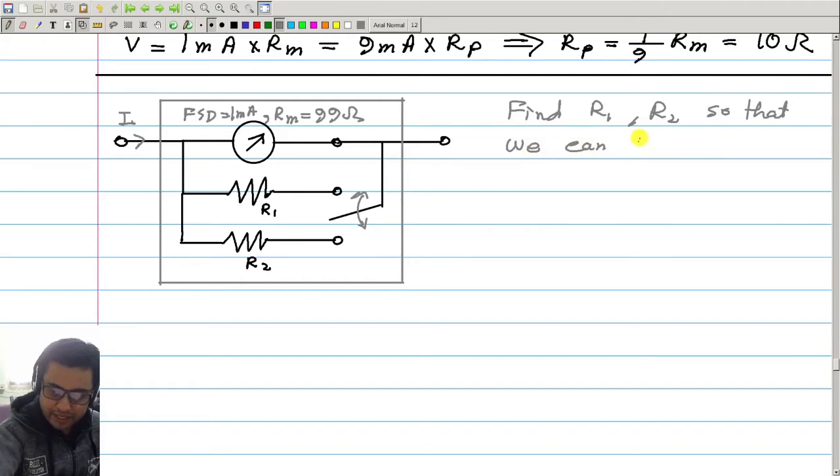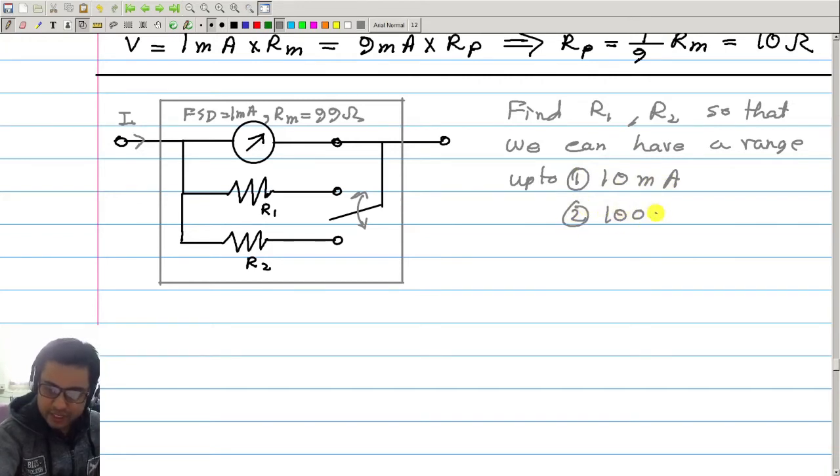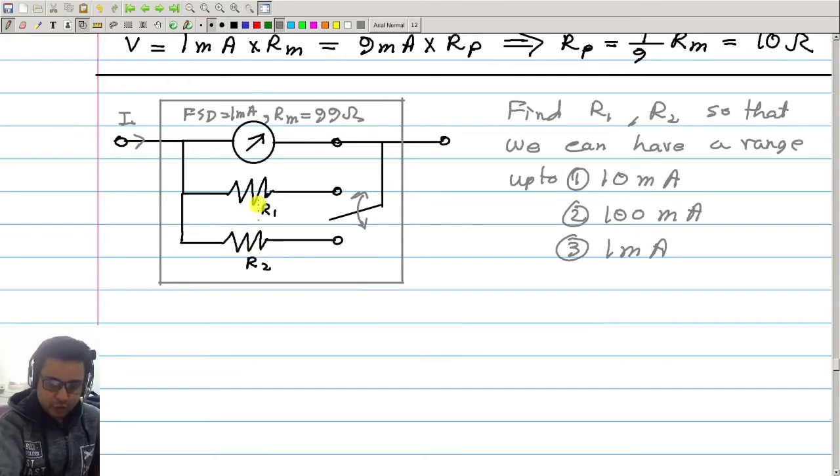We can have a range up to say 10 milliampere or up to 100 milliampere, etc. And of course we can easily get 1 milliampere if we do not connect any shunt resistance. If we keep it open, then we will get the full scale deflection current as the full range, that is 1 milliampere. So you find this out, that is your homework.